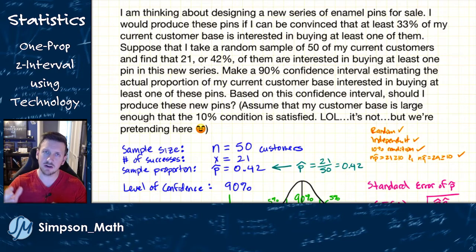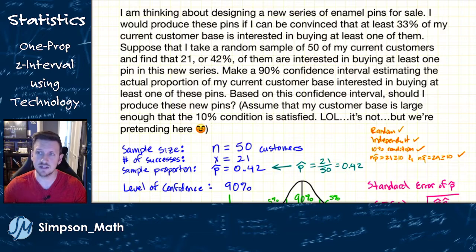At that current rate, we can then turn around and sell these pins for about $10, and it costs us about $3.33, give or take some different variables that go into making it. So it costs us about a third of a dollar to produce it compared to what we can sell it for. So that would be about breaking even if we would be at that 33%. So that's where that number came from.